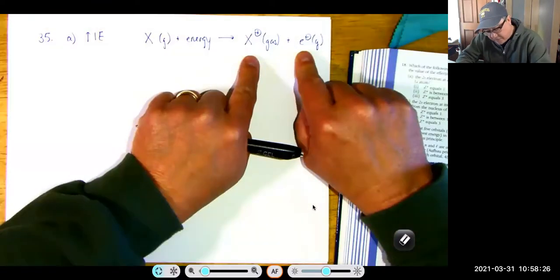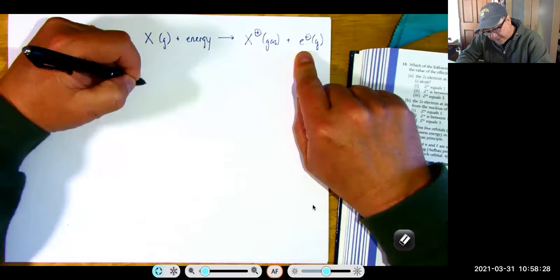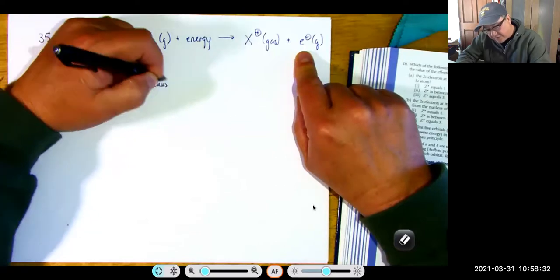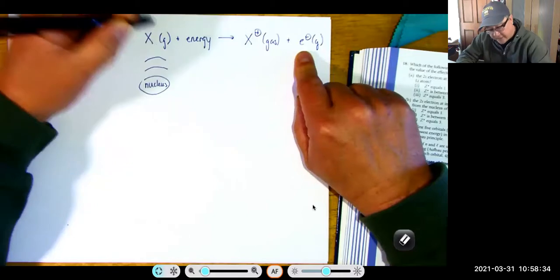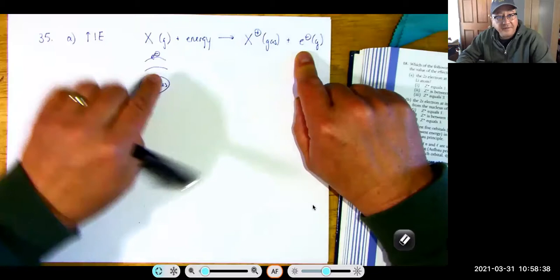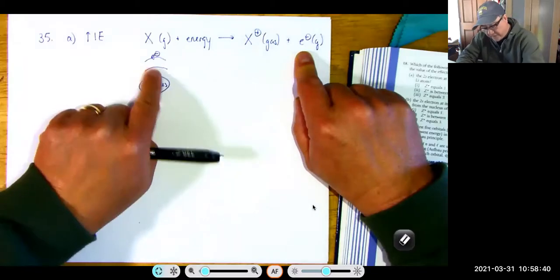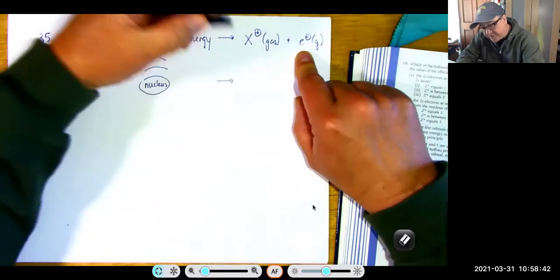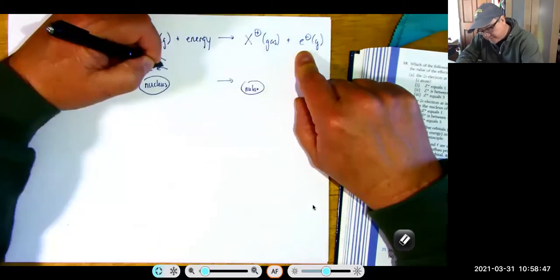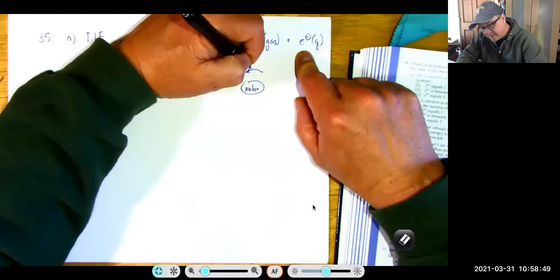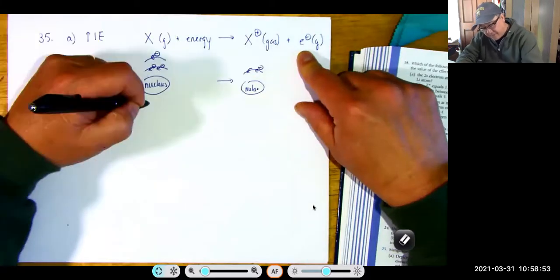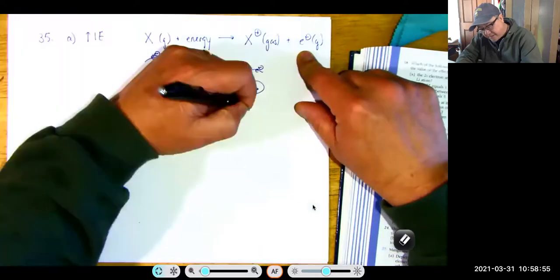So if you have an atom with a nucleus and you have all of these shells, and we're going to take this electron off, it's going to end up looking like this. And here I'm going to put 2 electrons here. This is an example of lithium becoming lithium cation.